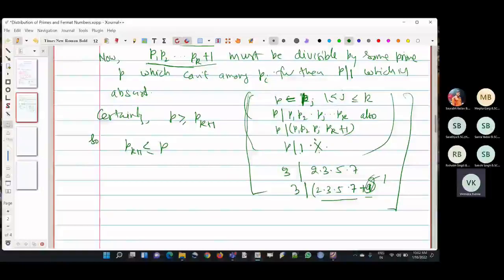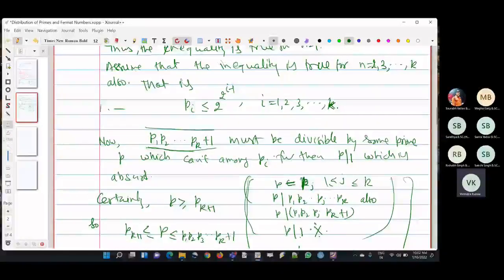We have kept them in increasing order, p1, p2 up to pk. So this p must be the next prime. It may be pk plus 1, pk plus 2, pk plus 3 or any prime like this. And this p is less than or equal to p1, p2, p3 up to pk plus 1. And each pi, as you see from here, is less than or equal to 2 to the power i minus 1.